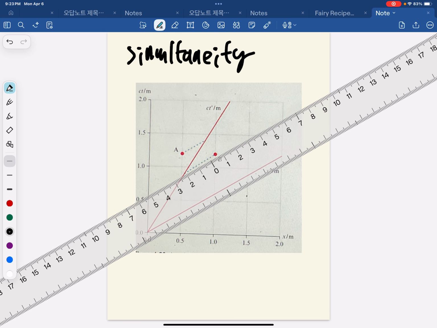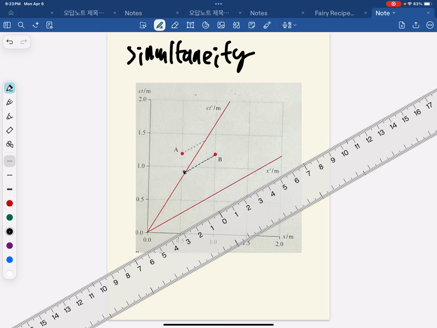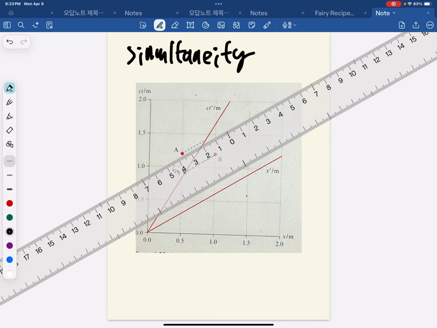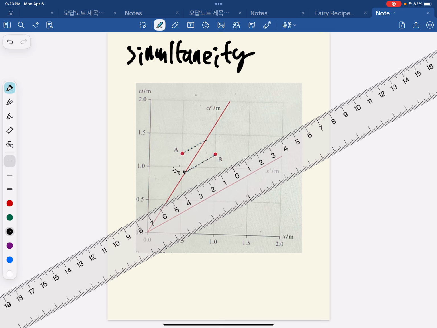This image is from Tsokos's textbook, and it's already done for us. We can see that to find the time prime coordinate of event B, just draw a line from event B to the CT primed axis. So we get here. Let's call this TB prime. What about A? We do the same thing for A. You draw a line from point A to the CT primed axis, find the intersection, and let's call this TA primed.